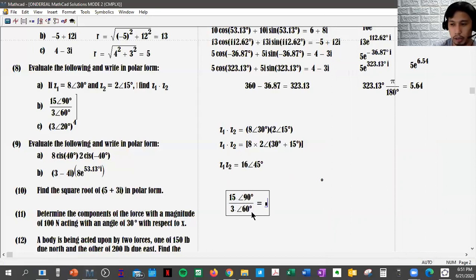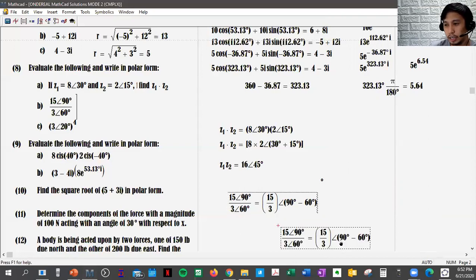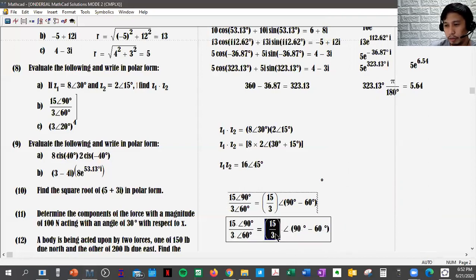For the sake of the principle, let's evaluate this. 15 over 3, angle 90 minus 60 degrees. So its result is equal to 5. Of course, this is 5 angle 30 degrees.